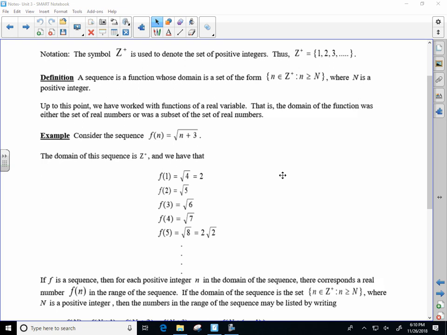All right, so a little notation here. n belongs to the set of positive integers, n greater than or equal to N, where capital N represents a specific positive integer. Very interesting notation. We've worked with functions of a real variable, and so the domain is either going to be a set of real numbers or a subset of a set of real numbers.